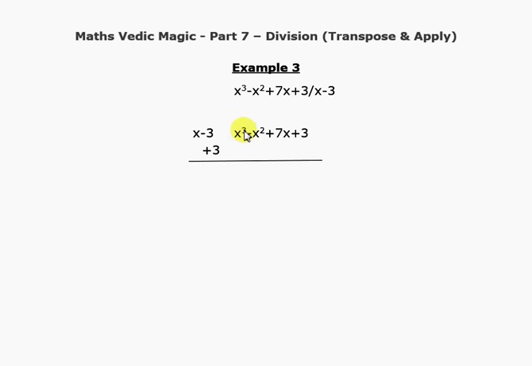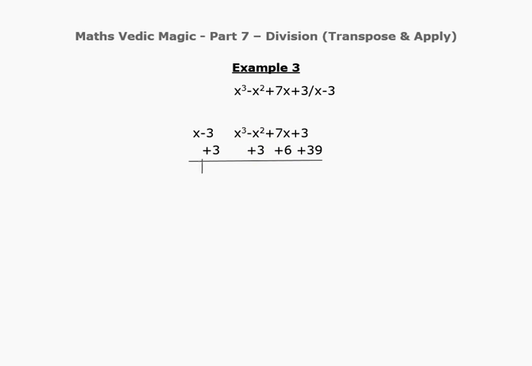So 3 times 1 gives us plus 3, then 3 minus 1 gives us 2, 2 times 3 gives us plus 6, 7 plus 6, 13, 13 times 3 gives us plus 39, and then we write down first of all the coefficients.